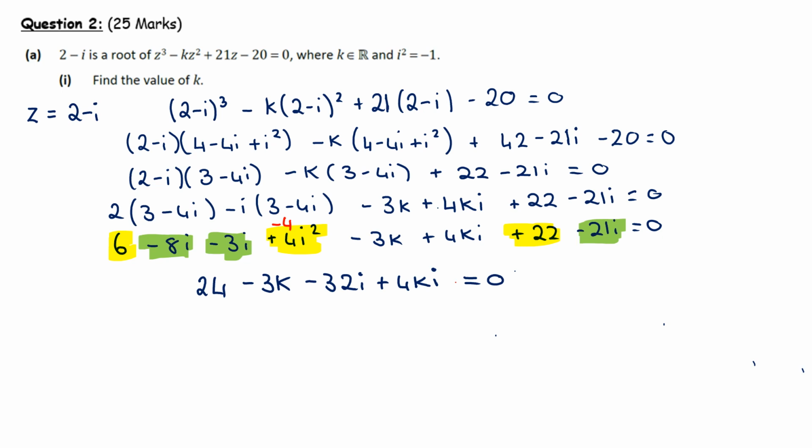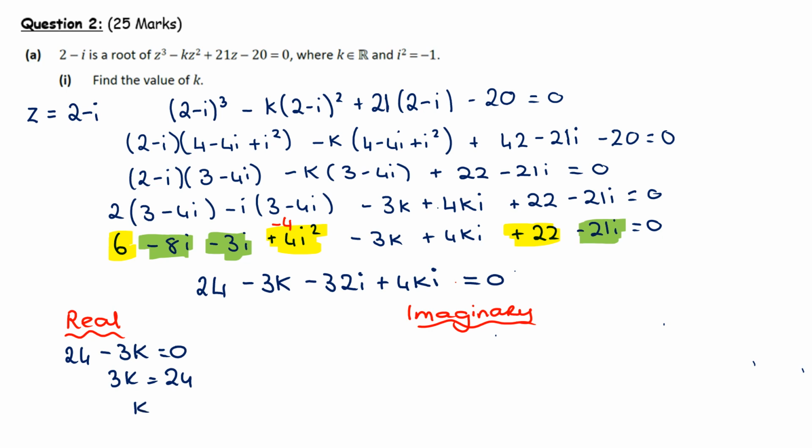So what we can do is look at the real parts and the imaginary parts. And when we do that, we should be able to work out what k is. So in the real parts, we have 24 minus 3k equals 0. So therefore 3k equals 24. So k equals 8. So actually we don't need the imaginary bit.